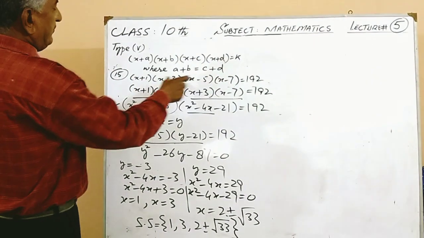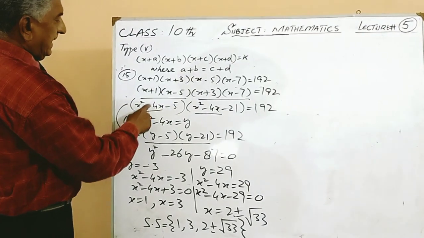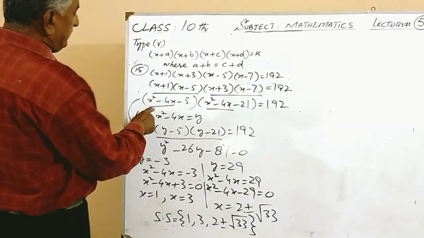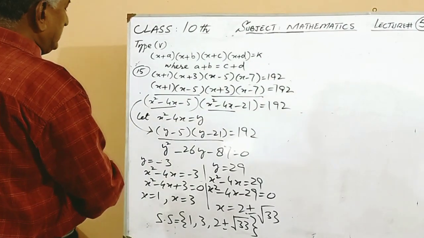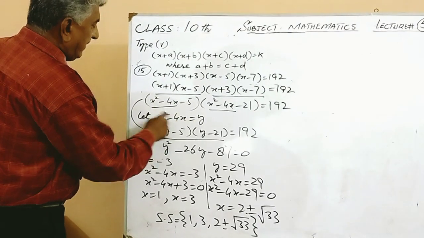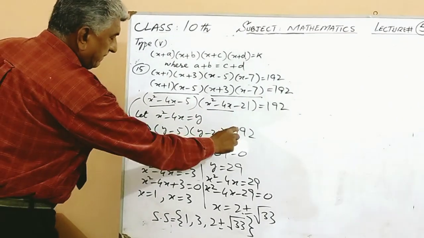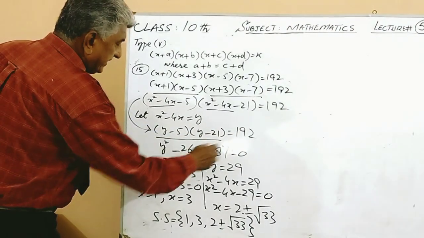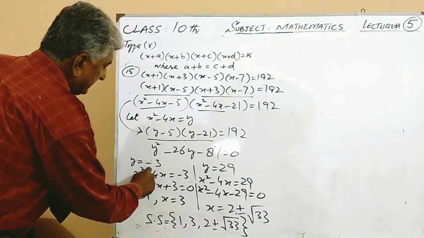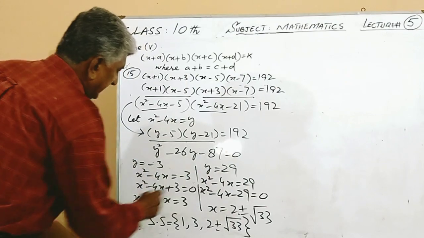You have to arrange the factors and after arranging factors you will get this form. And now you have to suppose x square minus 4x is equal to y, and now when you put the value of y here, you will get this, and after multiplying and simplification you will get this quadratic equation. It will give us, after factorization, two values of y, this one and 29.